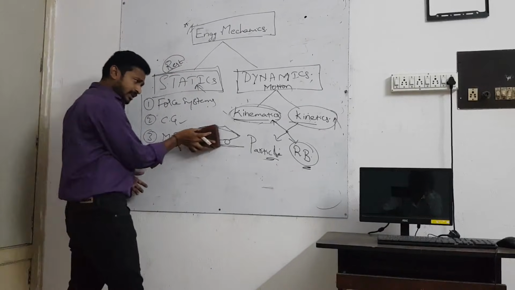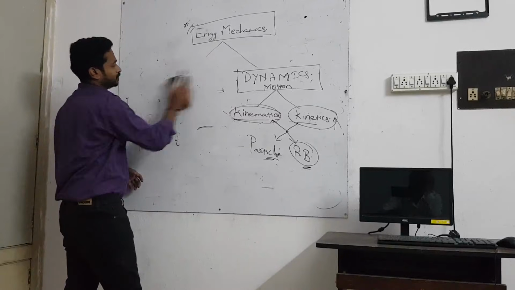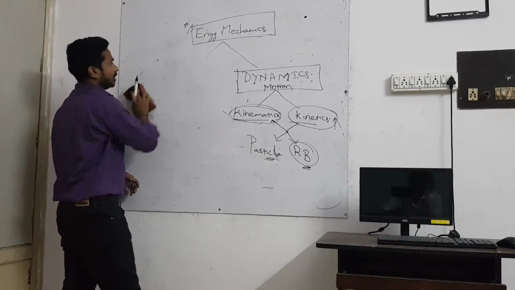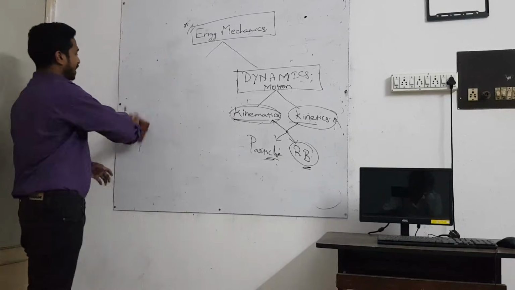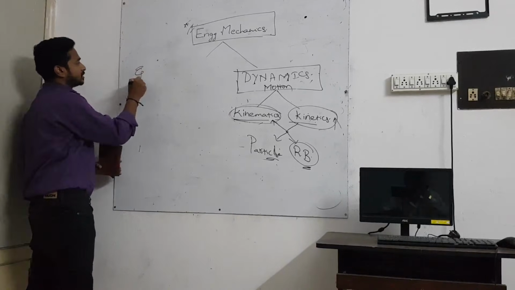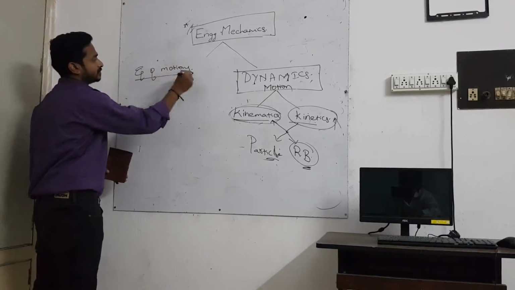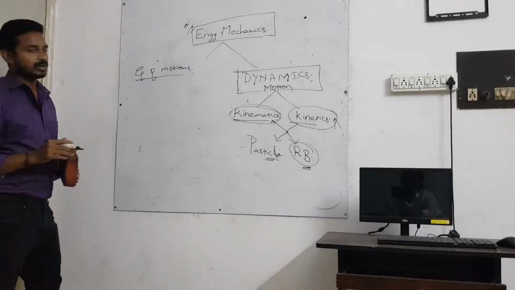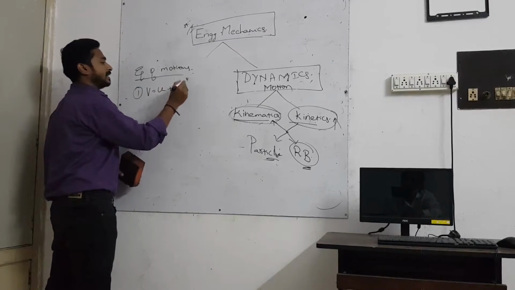So if you consider a particle, then basically we know from our 10th standard and intermediate levels, we will have equations of motion. What are the equations of motion? V is equal to u plus at.